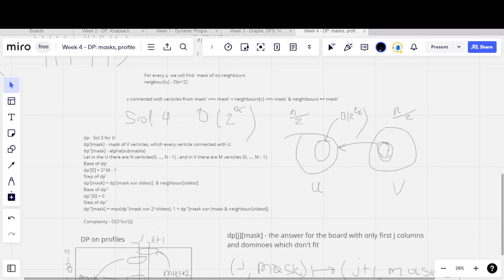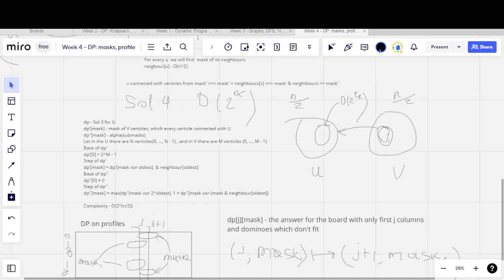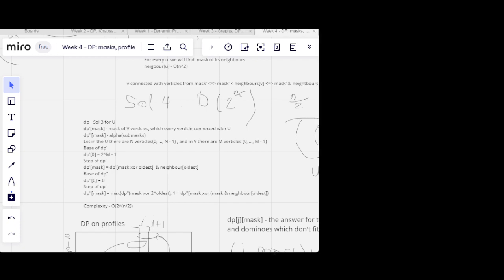Solution 4 will be your homework because I didn't explain everything that's happening. I'll think more about which task I give you. Okay, I give you a point.